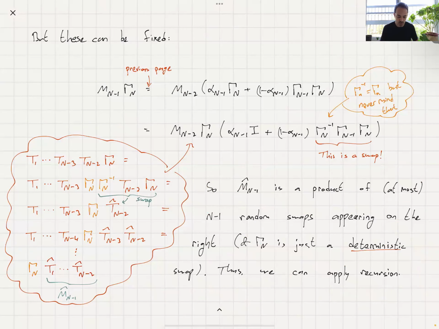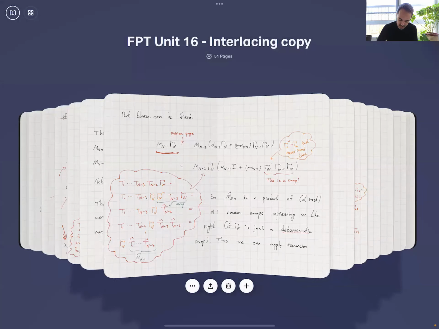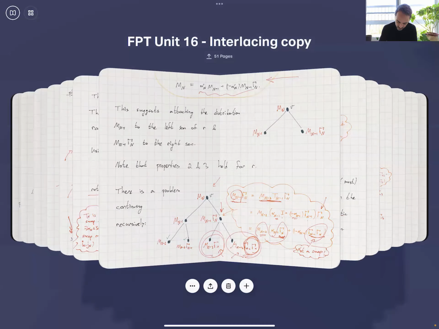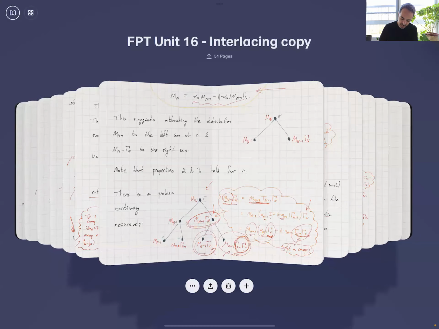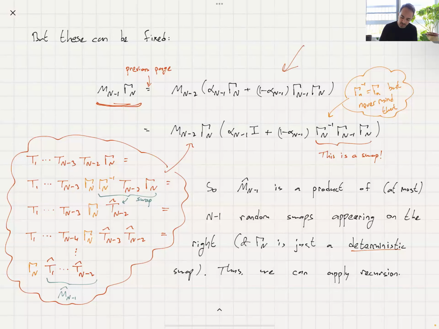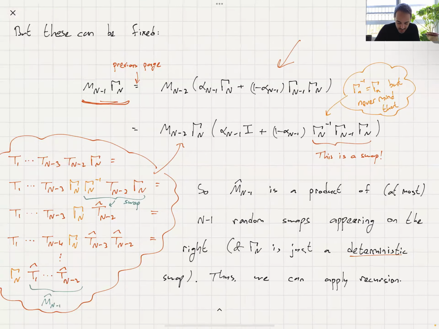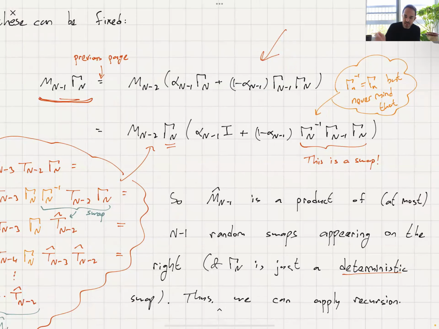So let me show you how. So in the previous page, we started to kind of explain this. That's what was written here. Okay. And we got up to this point. And now the idea is to do the following. The idea is to indeed take gamma n, to push it or to pull it from the right.